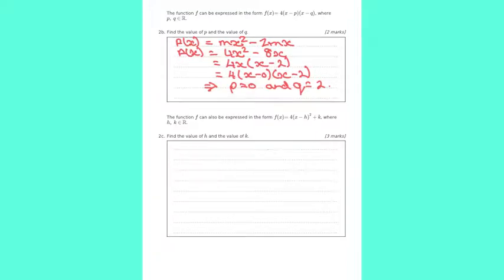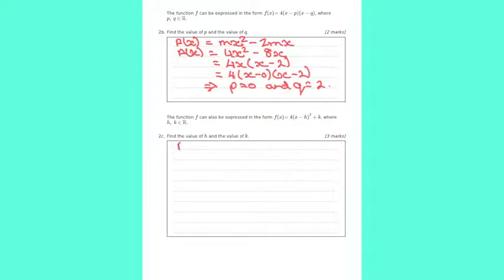The function f can also be expressed in the form f of x equals 4(x minus h) all squared plus k, where h and k belong to R. This form is the vertex form. 2c, find the values of h and k.